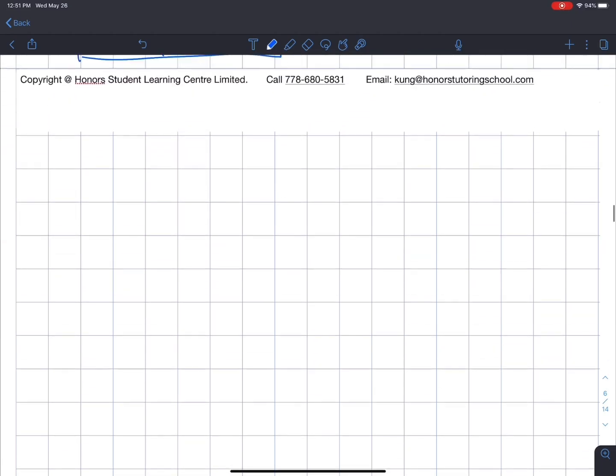14. A couple invests $5,000. So the original amount is 5,000. They gain 4% interest, so 1 plus 0.04. That's how much we have at the end of the day. It's going to be 104%. If the account is left untouched, how much does it have, again for 3 years?